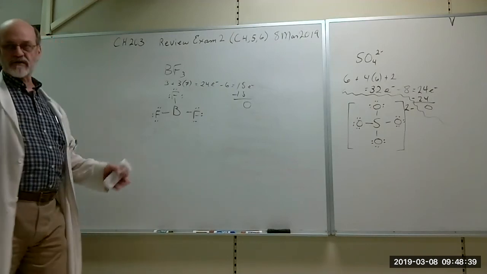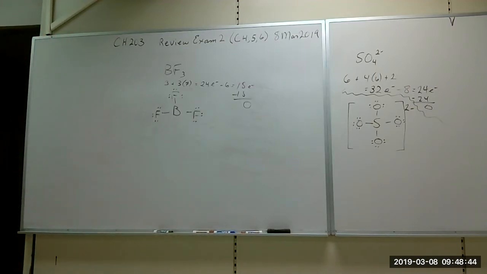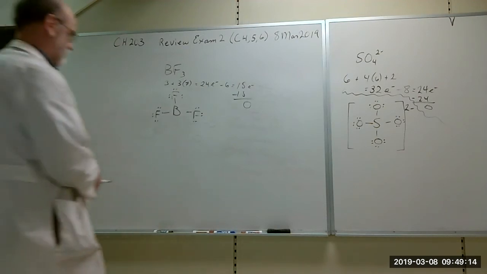We have other possibilities where you exceed the octet. I'm not sure if they show you any of those in here. Some of the ones where you exceed the octet are forced compounds that are made with noble gases. Such as xenon hexafluoride, I think is a real compound.